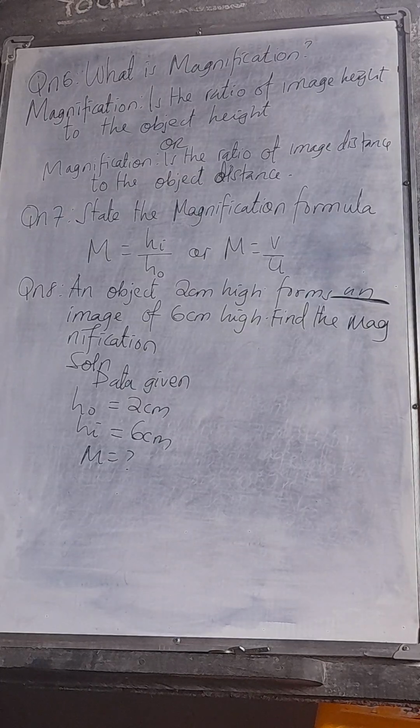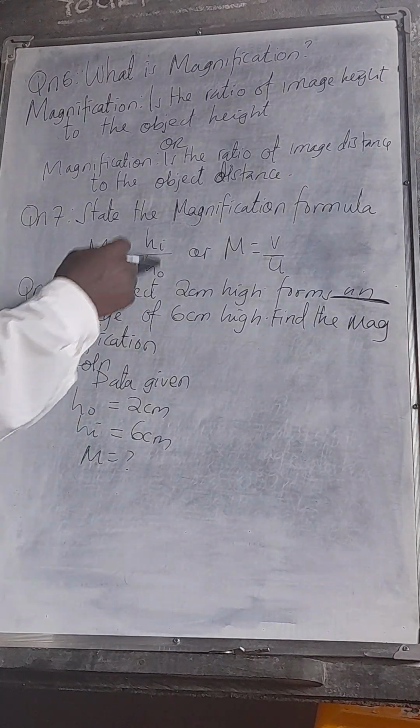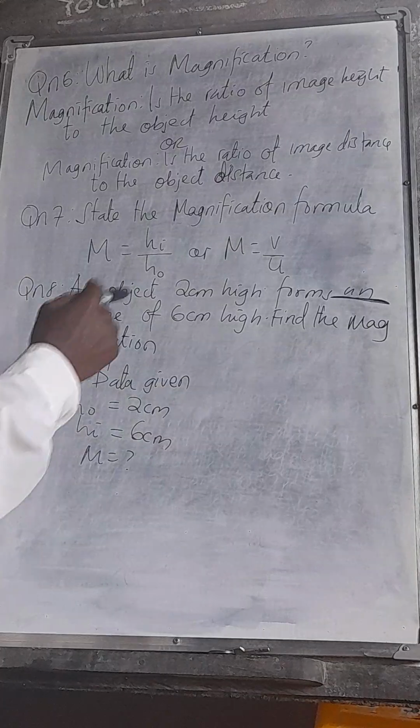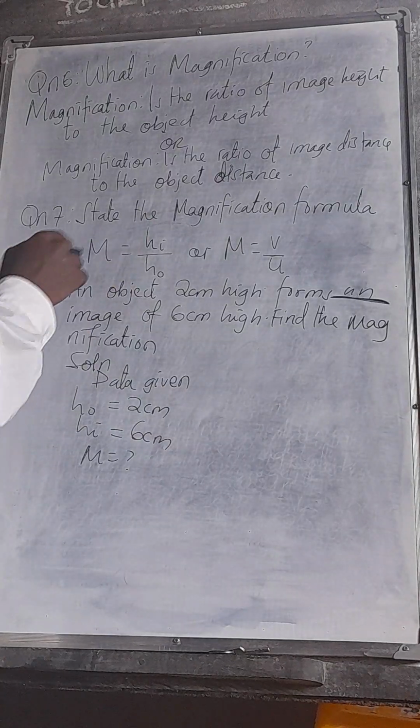It is very simple. We are supposed to recall the magnification formula. Remember, we have two formulas. As you recall from question number 7, you have this formula and also this formula. But for this question, you need formula number 1.